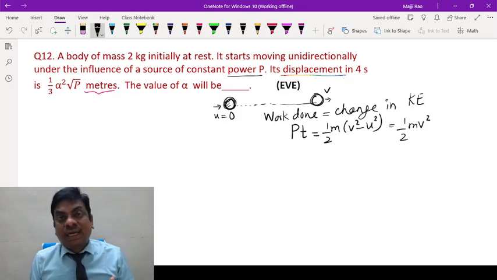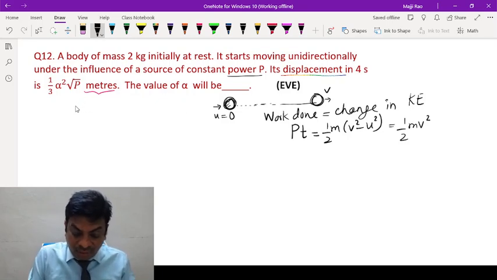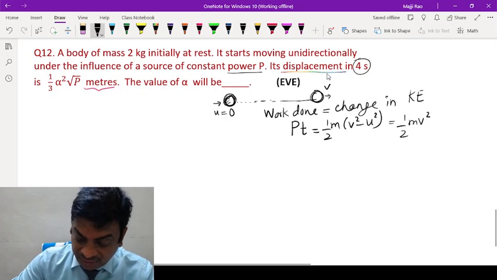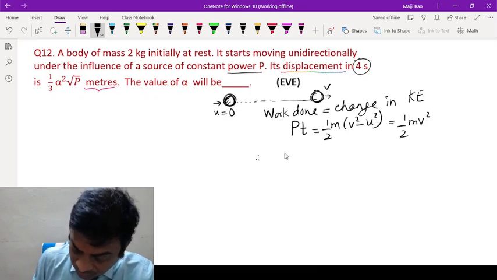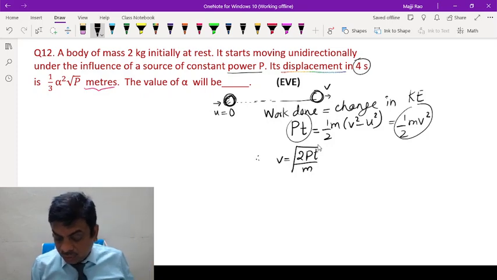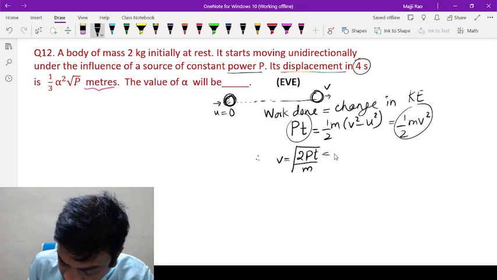Our aim is to express displacement as a function of time so that we can put the required time here and get the answer. From this result we can write v is equal to root 2 Pt by m. This is velocity, which is also equal to ds by dt.